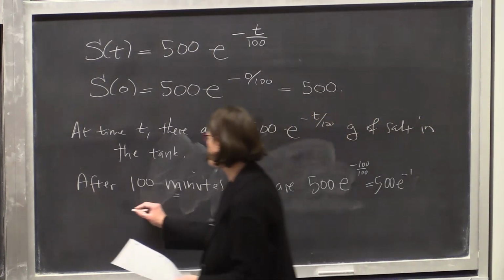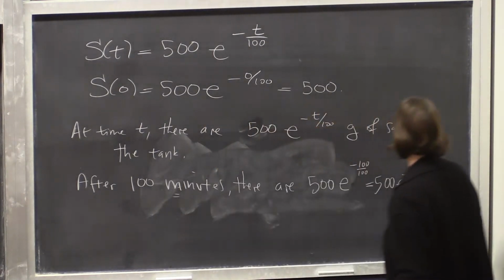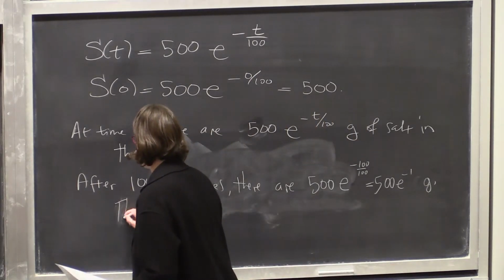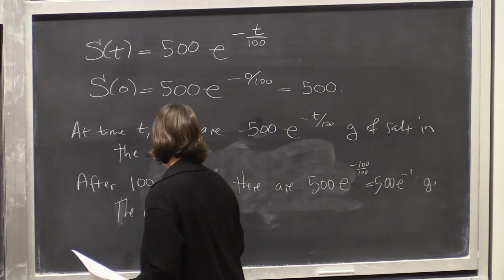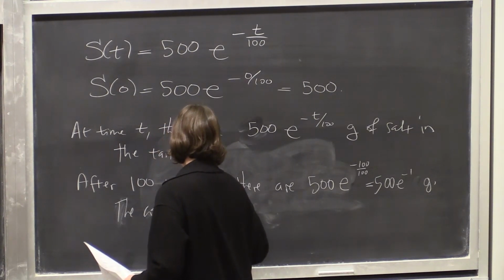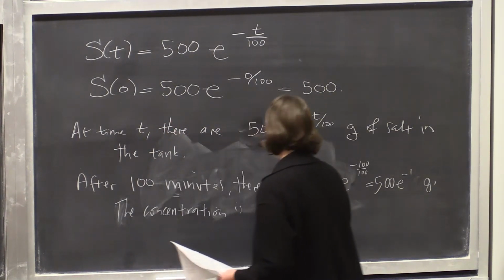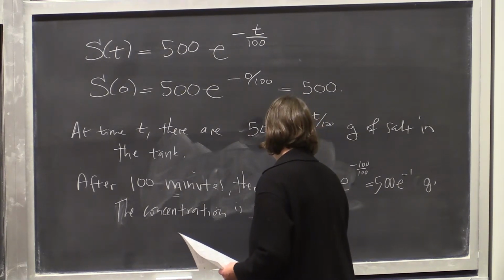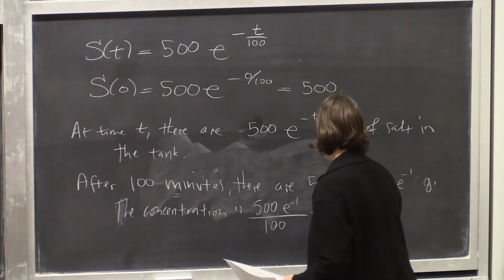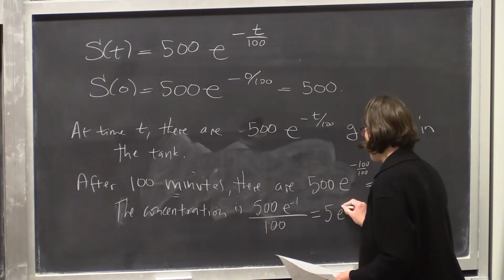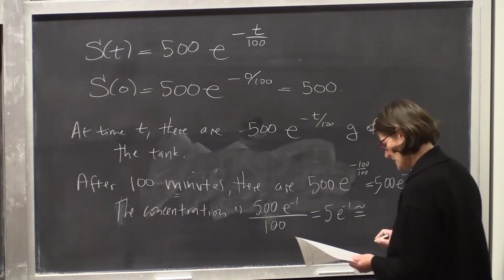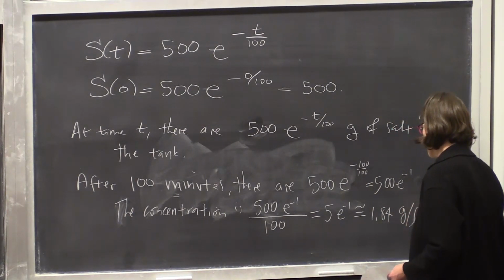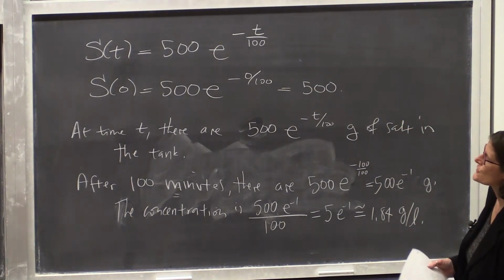And we were asked what is the concentration. So this is grams. The concentration is 500 e to the minus 1 over 100, which is 5 e to the minus 1, which is approximately 1.84 grams per liter. So we've answered 2 questions.